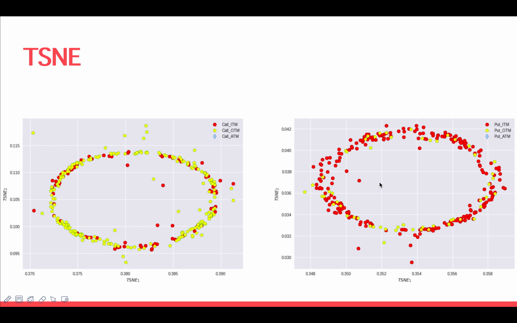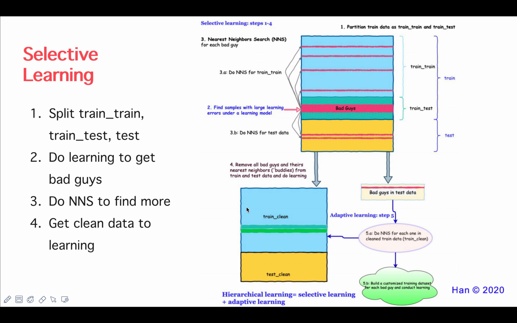And similar for the t-SNE, they are all, I should say, mixed together. For this parameter I used 500. I remember I used a very big number, so even with that big number, they also mix together.